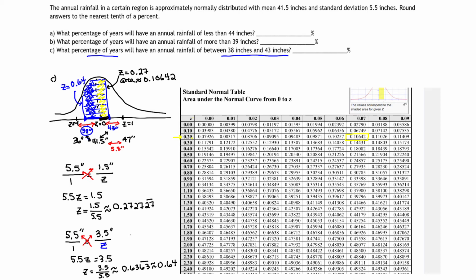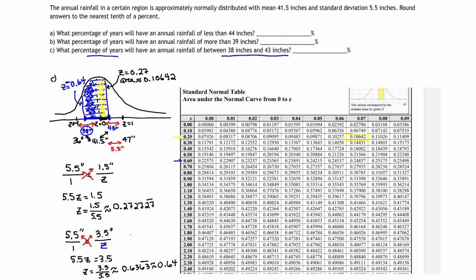Using that z value, I can again find the area under the curve. Because I'm on the left side of the curve, my z value is actually negative 0.64. However, we don't have negative values in our chart, so we use the symmetry of the normal curve and look for the positive 0.64.